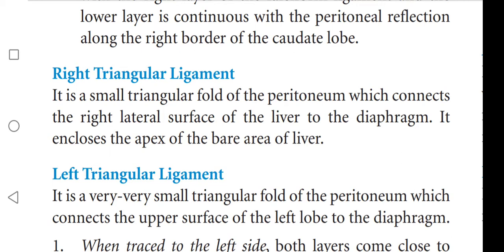It encloses the apex of the bare area of the liver.